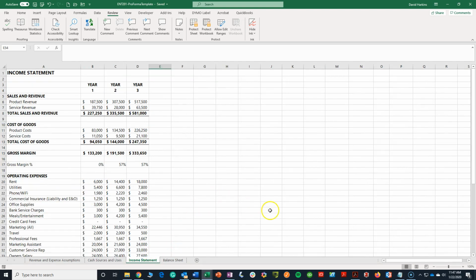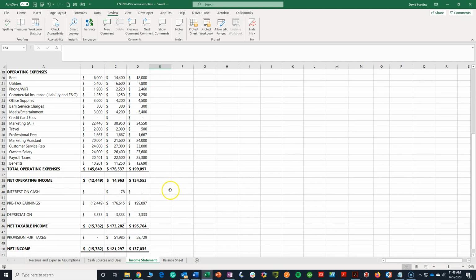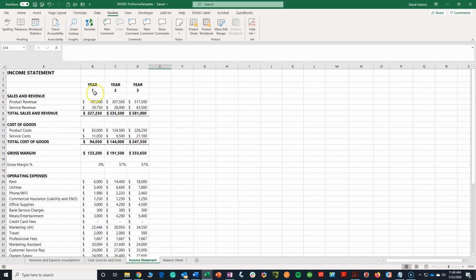Now we take a look at our income statement. Our income statement brings many of the same numbers in, but it looks at them a little differently. We're not concerned here with the cash, but with revenue and expenses and what our profitability is. So in year one, we see that we're going to bring in $227,250 in sales. We're going to have $94,000 in cost of goods, and we'll have a gross margin of $133,200.